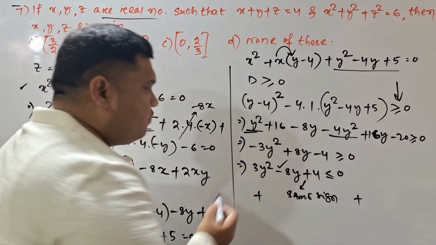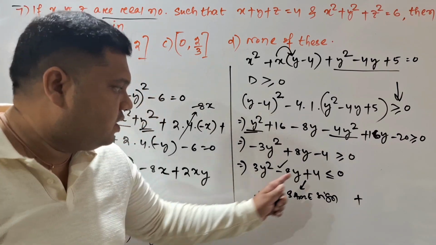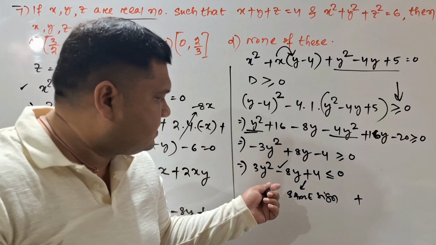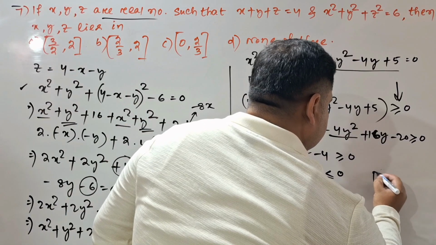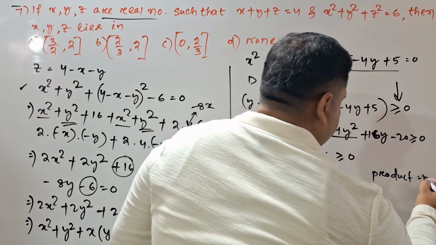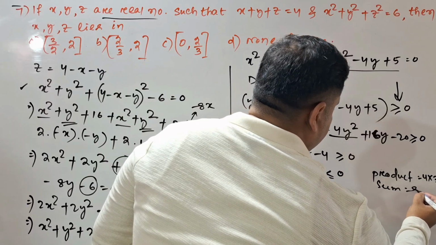Product is 3 into 4, that is 12, and sum is 8.